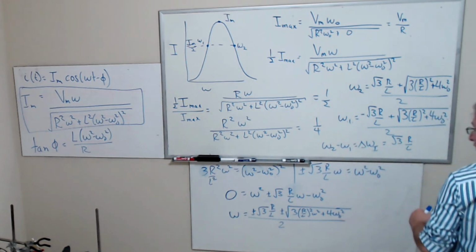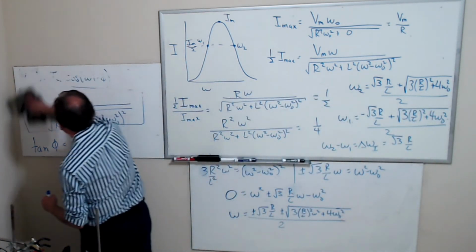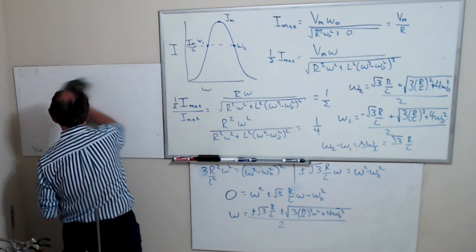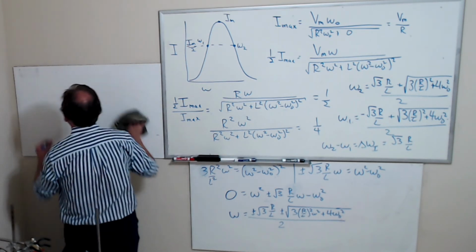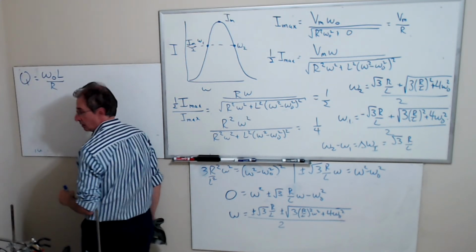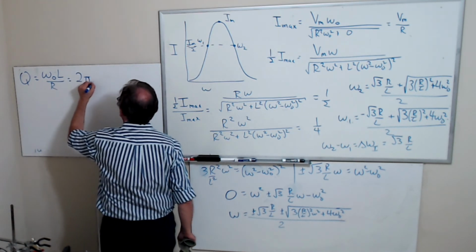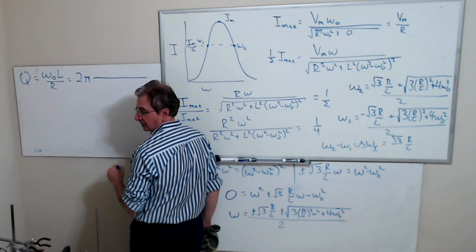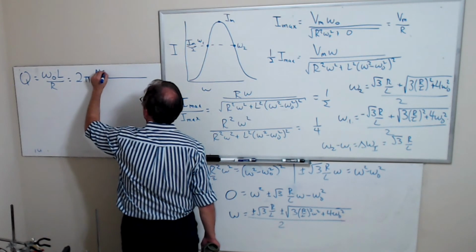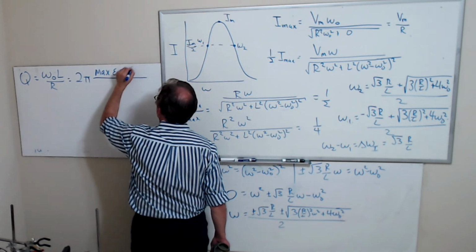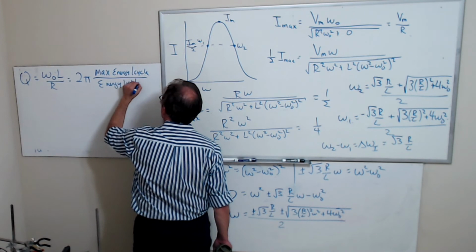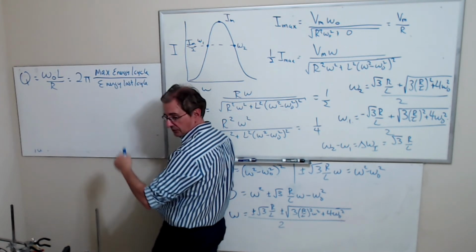Now, let's go back to our equation for Q. Q is omega naught L over R. Remember, that comes from the fact that it's 2 pi times the maximum energy per cycle divided by the energy loss per cycle at resonance.